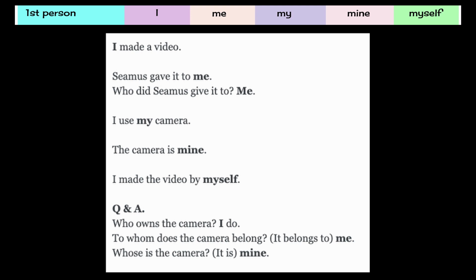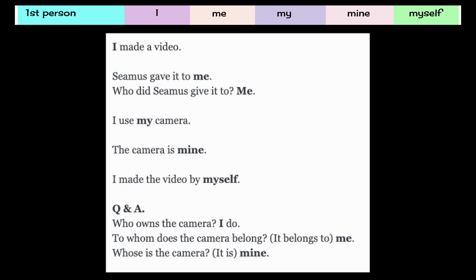So you can say, to whom does the camera belong? And you will hear me. And really the person wants to say, it belongs to me. So the camera belongs to me. If I say who owns the camera, I could also say me. But technically, that's not grammatically correct, but you'll hear it all the time.